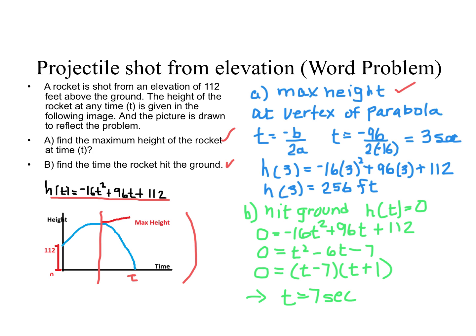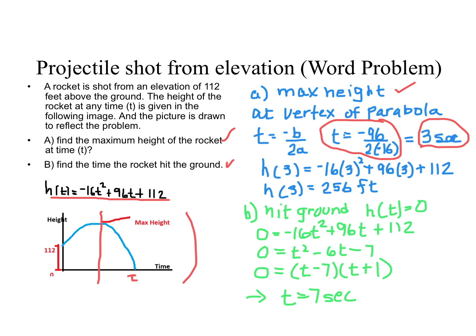We see that b is 96 and a is negative 16, so we put that into the formula, and we see we get 3 seconds.